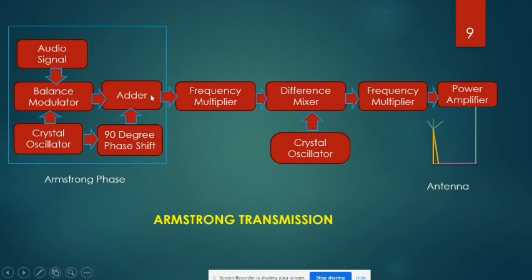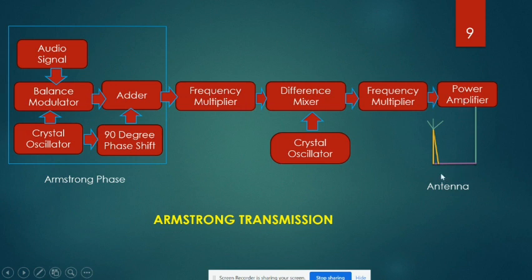Then it goes to the frequency multiplier. Then it goes to the mixer, which is one type of adder, and here it is added with the carrier signal generated from a crystal oscillator. Then it again goes to the frequency multiplier, same as the previous one, and then it goes to the power amplifier to amplify its amplitude.